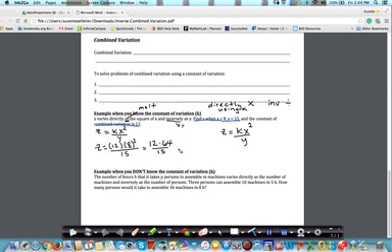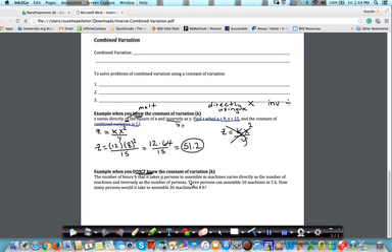So 12 times 64 divided by 15 is 51.2. So we didn't need the second equation when we know what the constant of variation is. Okay? When we don't know, then we do need to write the equation twice.